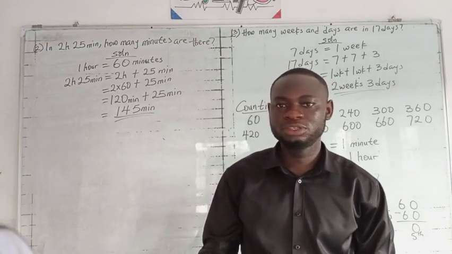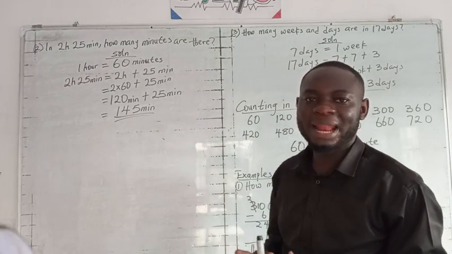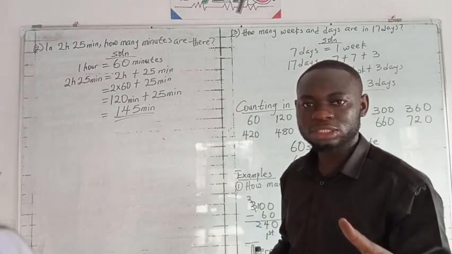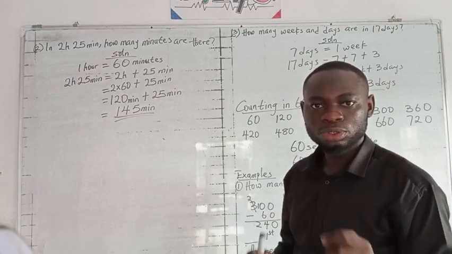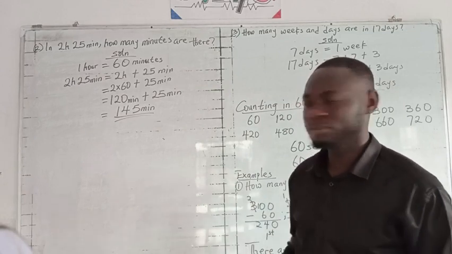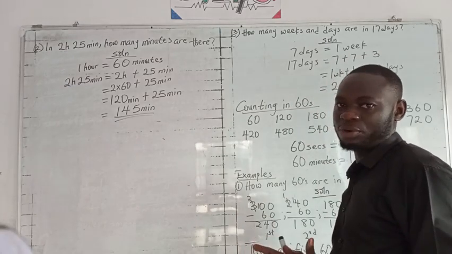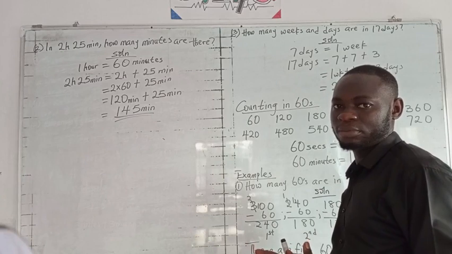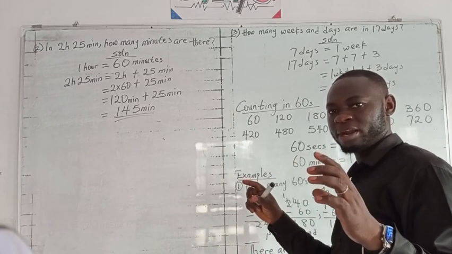Alright? So, you can see that we are now applying skip counting in 5s, 7s, and 60s to solve real-time problems. So whenever we have this, we can find our way. So always bring it down to the barest minimum.